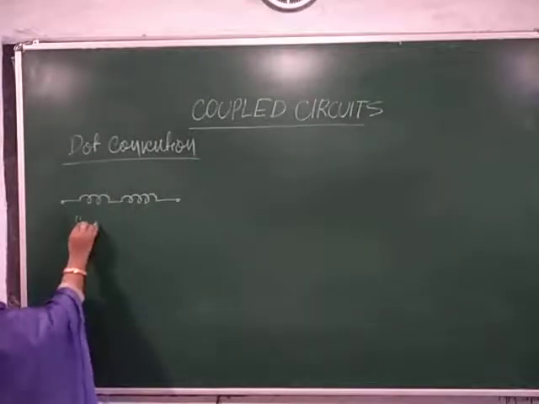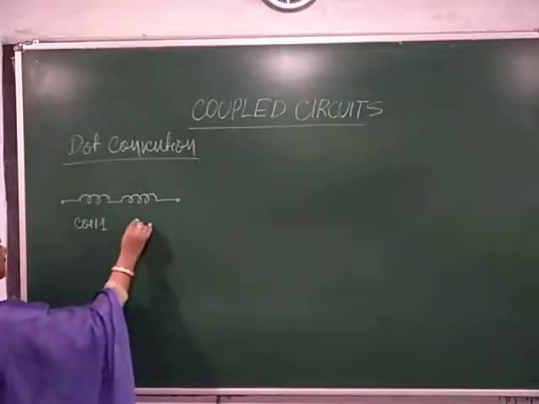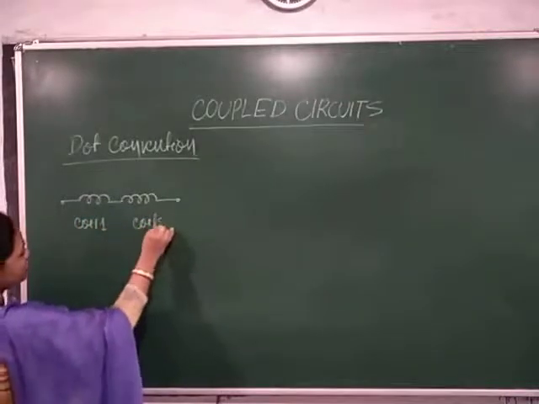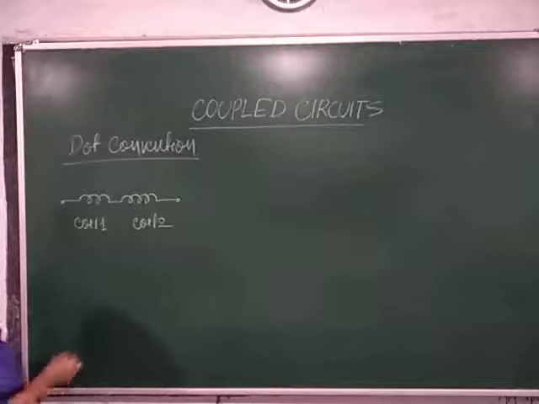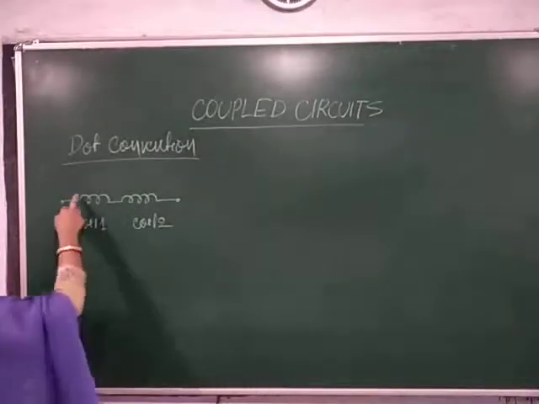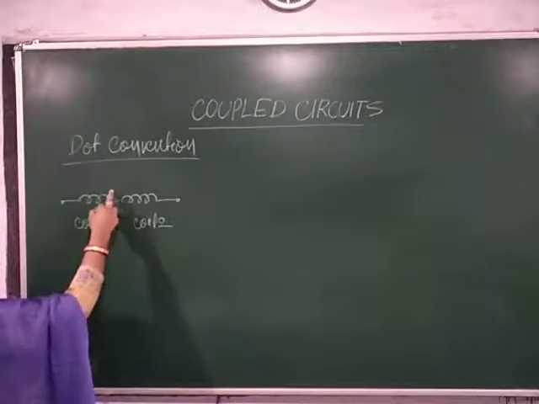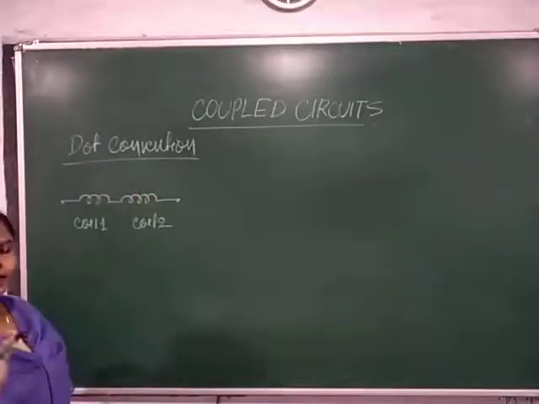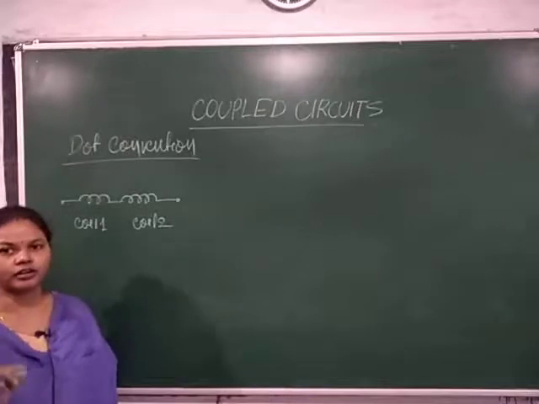This is coil 1. This is coil 2. I put a dot on either the starting or end terminal of the coil. For each coil you have to put a dot.